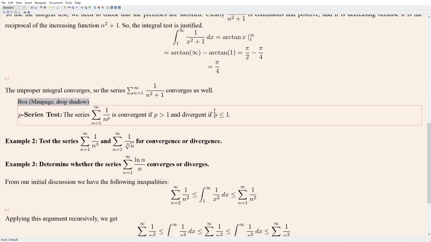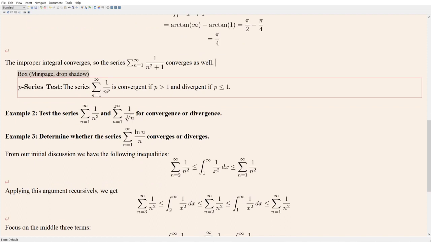Remember, when we were doing our section on improper integrals, we had this result that the integral from 1 to infinity of 1 over x to the p converges if p is larger than 1 and diverges if p is less than or equal to 1. Well, now that we have the integral test, we can say exactly the same thing, but with a series instead of an improper integral.